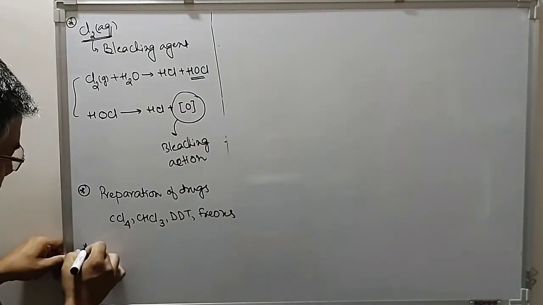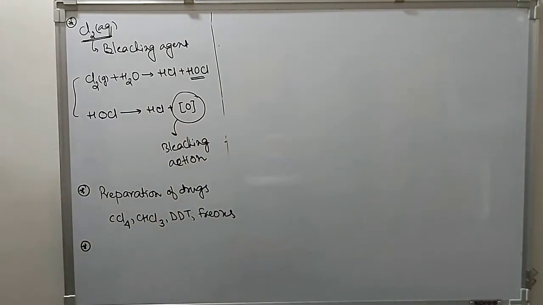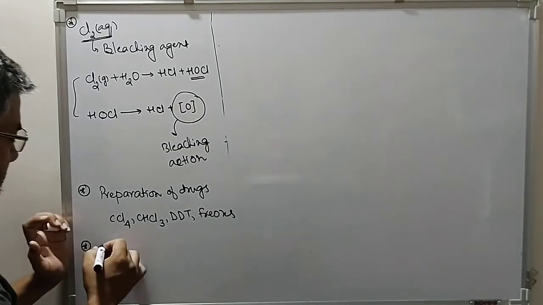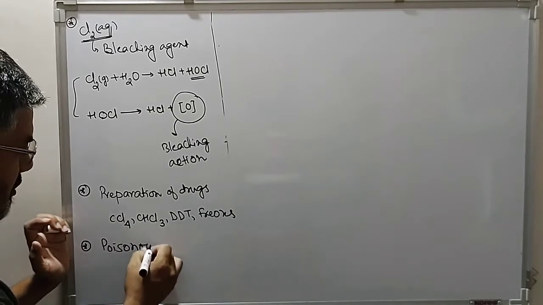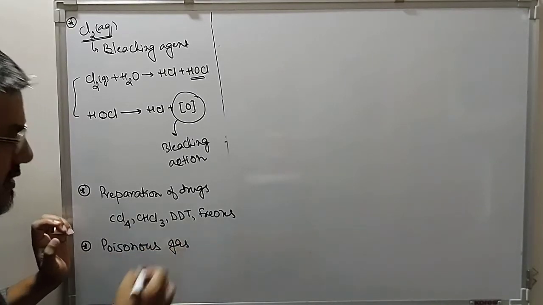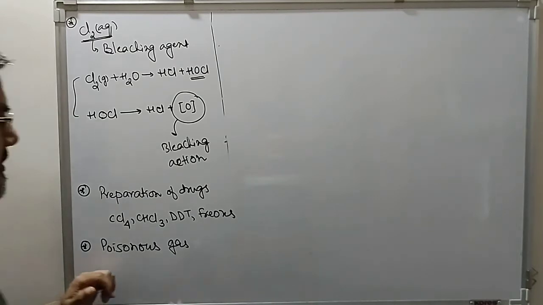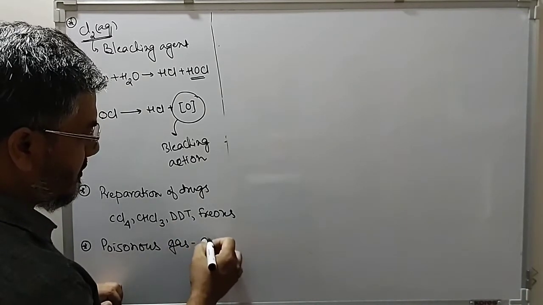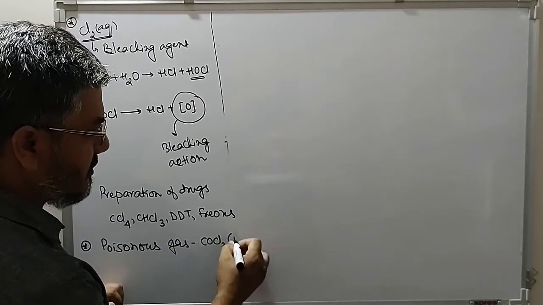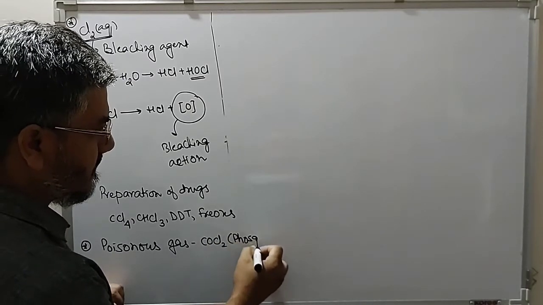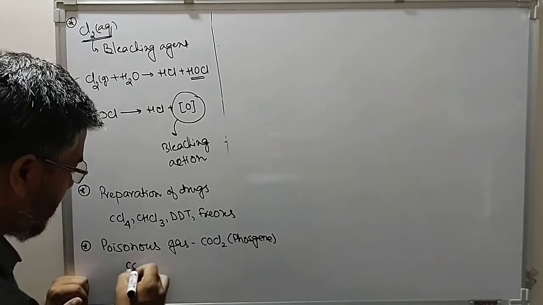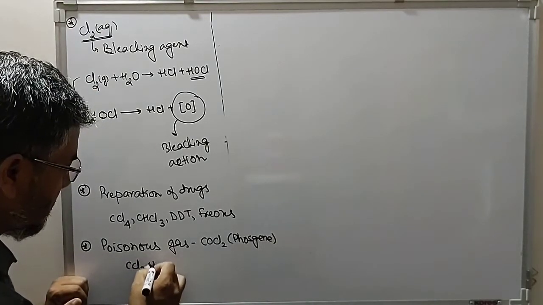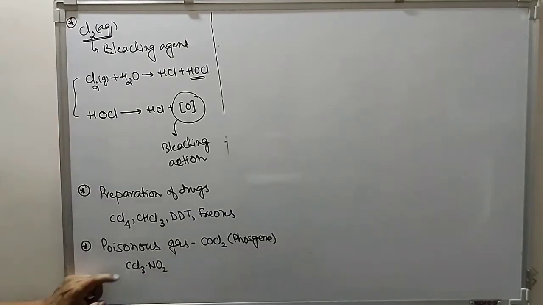This chlorine gas is also used for preparation of some poisonous gases, like COCl2, which is known as phosgene, and CCl3NO2, nitrochloromethane.